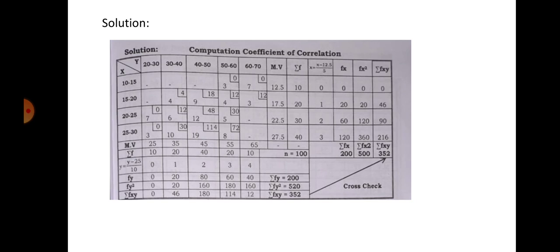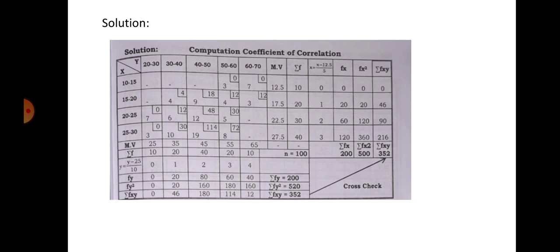You should write the problem afresh while working it out in the examination. First I am adding the first row, 3 plus 7, which is 10. It is sigma f.